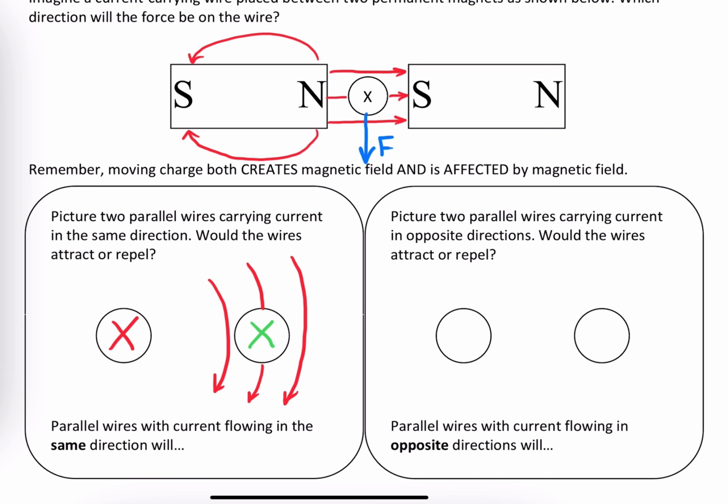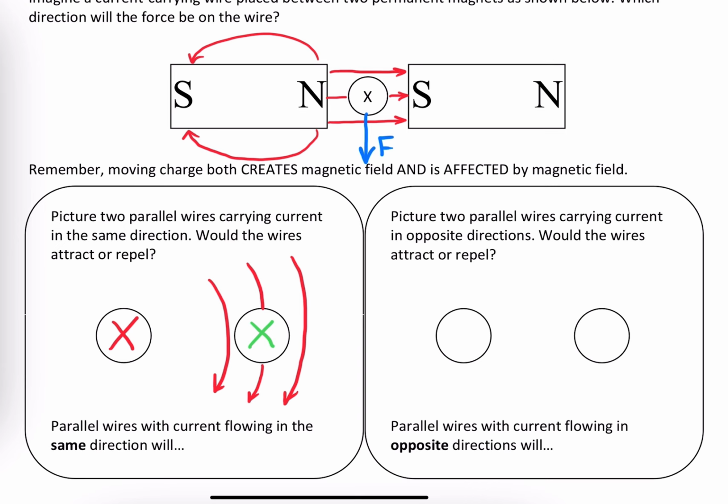Now at the same time, my green wire is going to create its own magnetic field from its current. And I can use the right-hand rule for that too. So if I'm in the direction of that green X, so into the page, I see my fingers then are going clockwise, and this guy is going to create a clockwise magnetic field around it. And again, we won't draw the whole field.